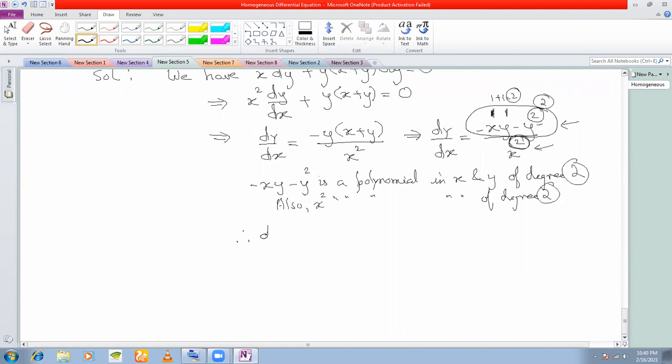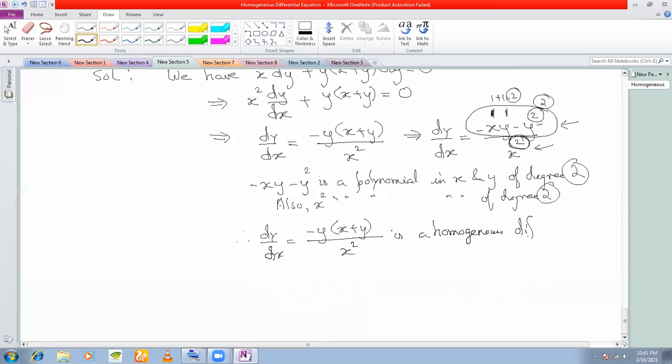Therefore, dy/dx is equal to minus y into (x plus y) divided by x square is a homogeneous differential equation. Clear with this?